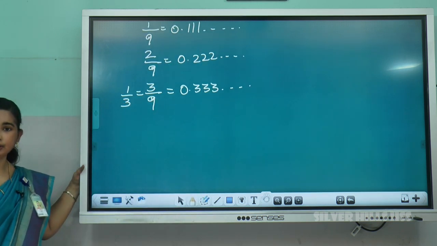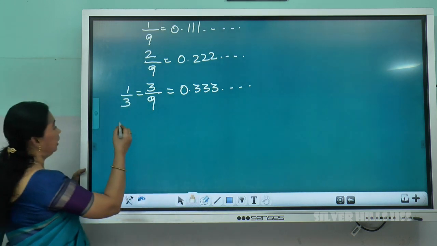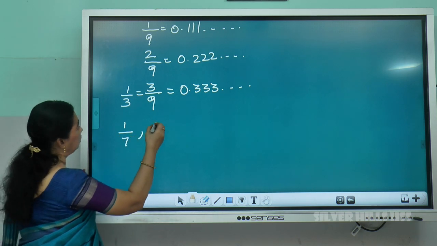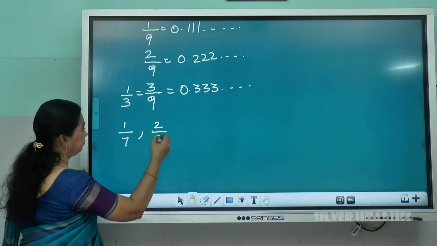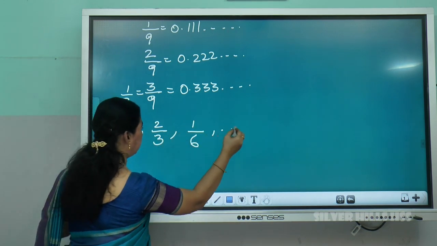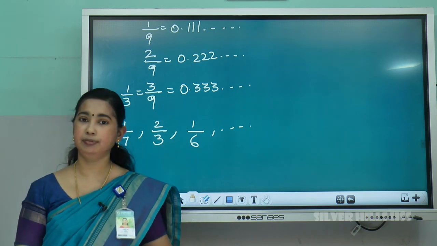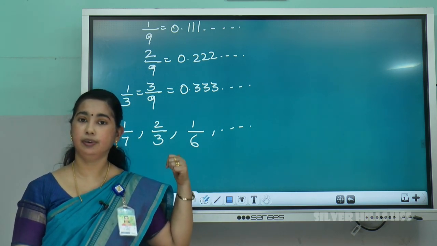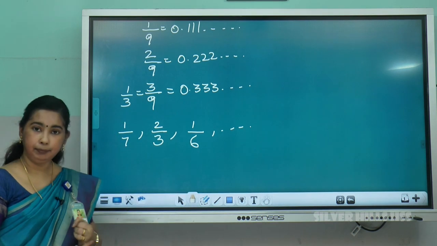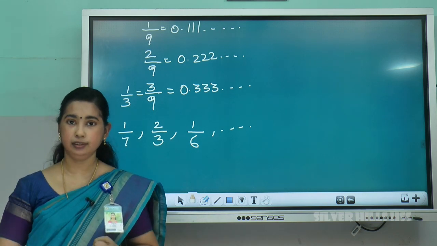What about other fractions? Other fractions, that is if it is 1 by 7 or 2 by 3 or 1 by 6, etc. Any fraction can be converted to decimal form in the steps which I have told earlier. That is, multiplying each fraction by 10, you will get an equation.